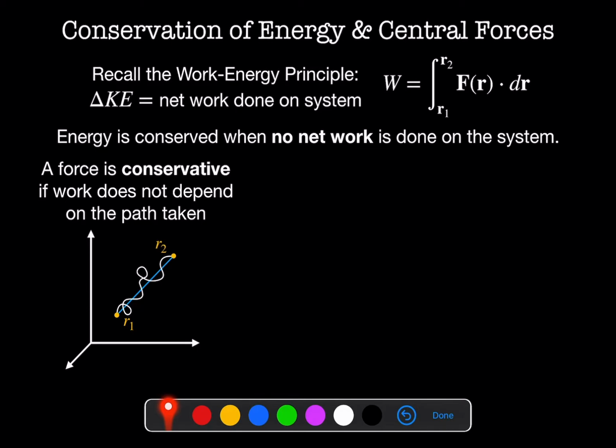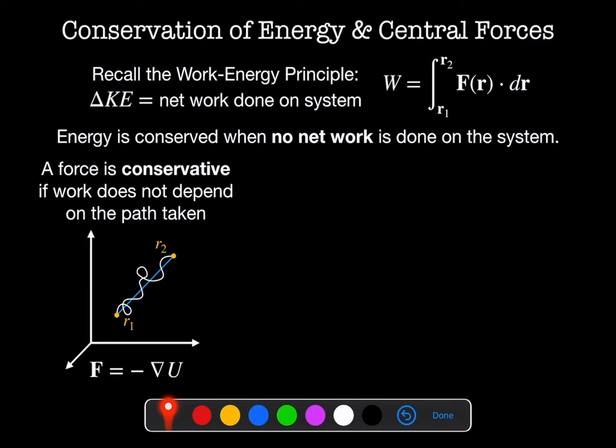If the work on the particle going from R1 to R2 does not depend on whether I took the circuitous path or the straight path, we would say the force is conservative. And if a force is conservative, we know that there's a relationship between force and potential energy. And that is this. So force is equal to minus the gradient of the potential energy.